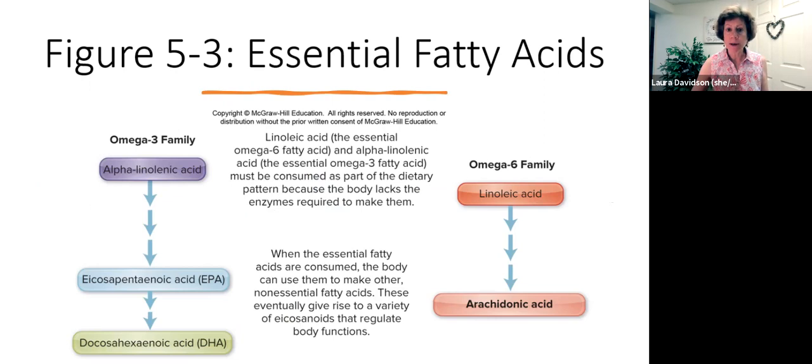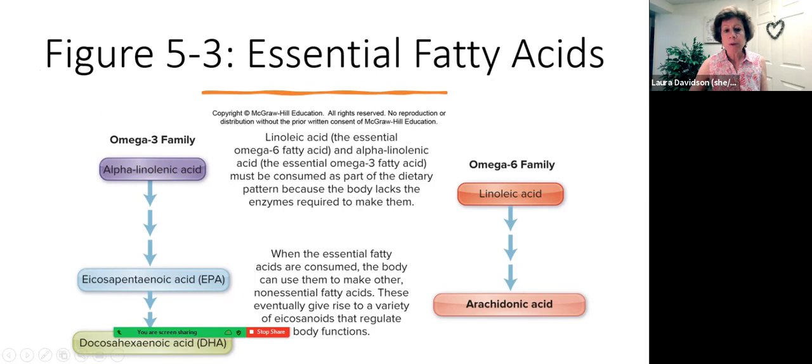Essential fatty acids are another type of unsaturated fat, and there are 2 families here, omega-3 and omega-6. We require these in our diet in small amounts, and they are important for making eicosanoids that are regulatory compounds. Now, I want to say something about omega-3s and omega-6. Clearly, both are healthy. When you replace saturated or trans fats with either type, you have a positive impact on health for sure.